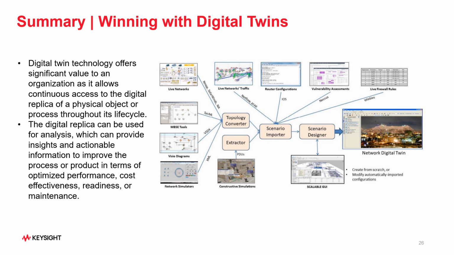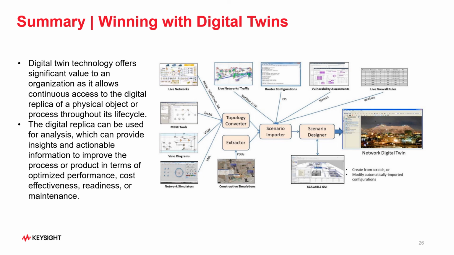So, in summary, digital twin technology offers significant value to an organization as it allows continuous access to the discrete digital replica of the physical object and process throughout its life cycle.